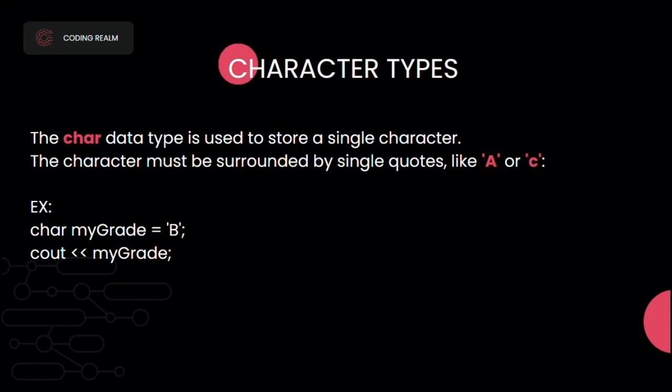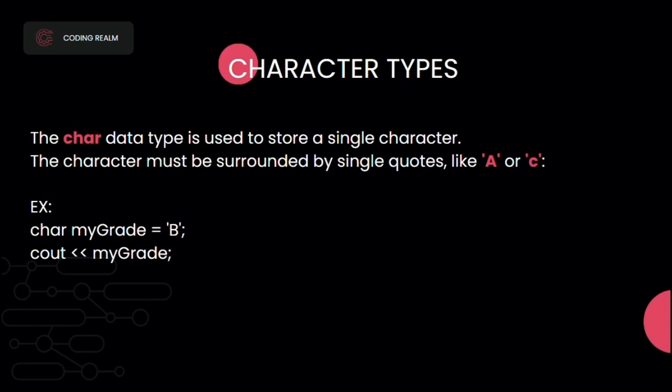The character type. The char data type is used to store a single character. The character must be surrounded by single quotes, like 'A' or 'C'. It can be a capital letter or a small letter, but it's important to put it between single quotes.